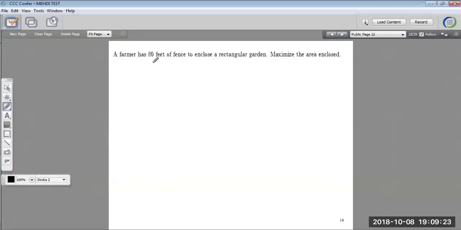The farmer has 80 feet of fence to enclose a rectangular garden. Maximize the area enclosed. So this corresponds to the perimeter P. And for the rectangle, if this is length and this is width, you know the formula: P is equal to 2 times length plus 2 times width, or 2 times length plus width.